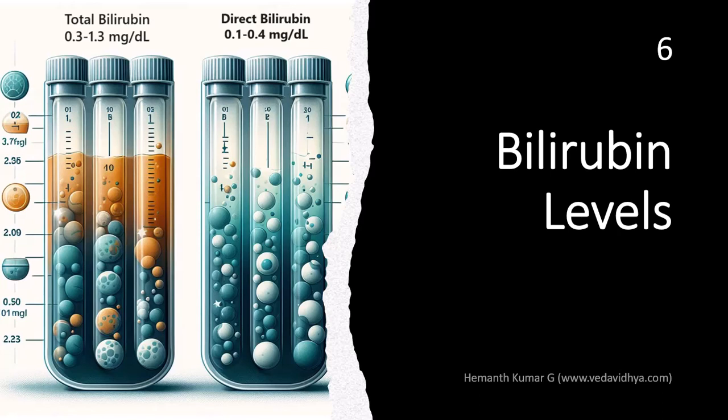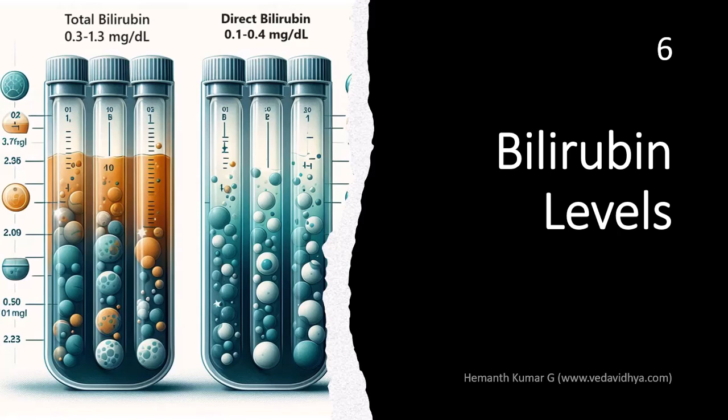Unconjugated and conjugated forms can also be called indirect and direct forms. Normal levels typically range from 0.3 to 1.3 milligrams per deciliter.